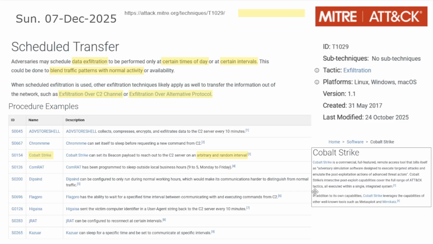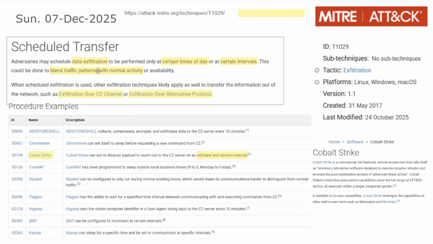Okay, so it's the entire kill chain, all executed with a single integrated system. Interesting. In addition to its own capabilities, Cobalt Strike leverages the capabilities of other well-known tools, such as Metasploit, yes, and Mimikatz. So I used to play around with Metasploit back in the day. I've never been a good hacker though, so I learned that stuff a little bit and then I moved on to cyber defense, but still interesting.